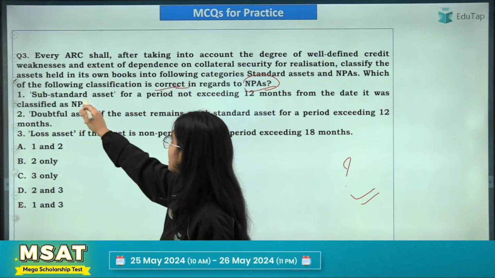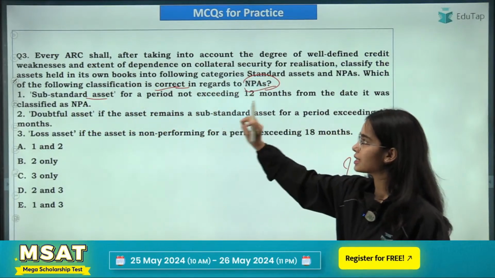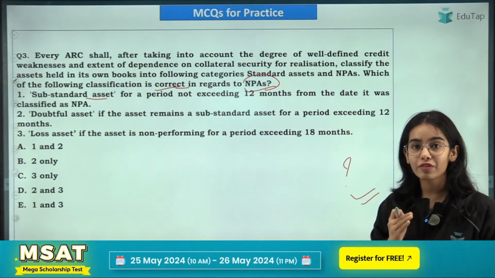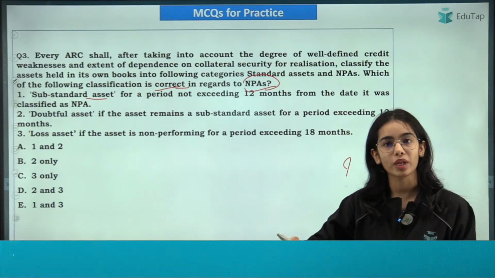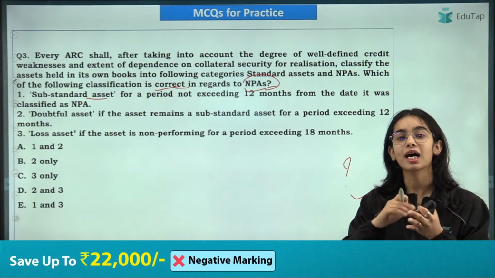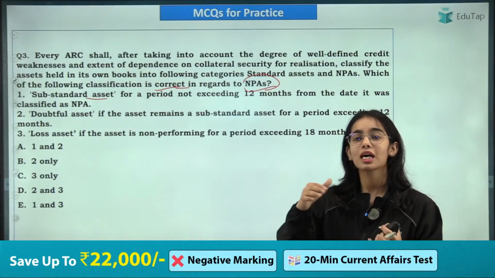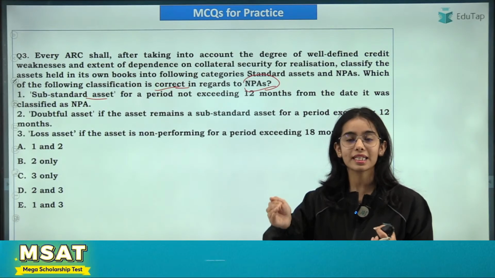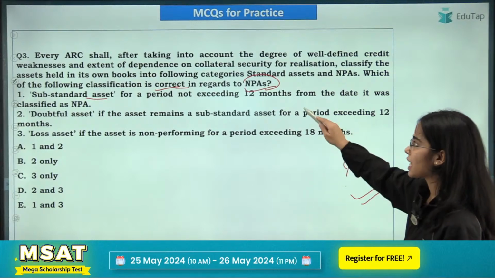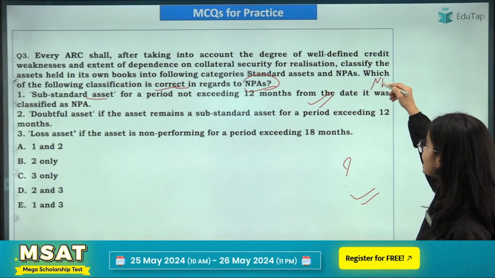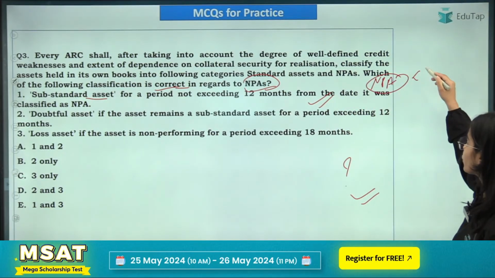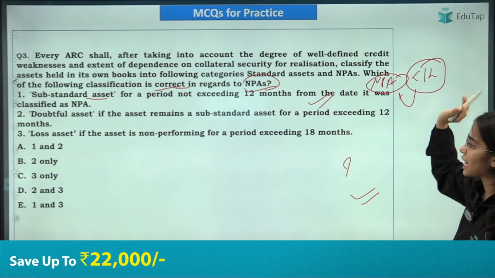So substandard assets are the assets that are classified NPAs not exceeding 12 months. So if the NPAs are there for less than 12 months, then these are substandard assets. Okay, so if it is an NPA for less than 12 months, it is a substandard asset.